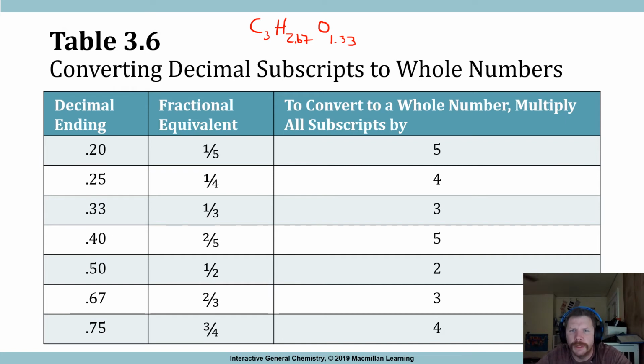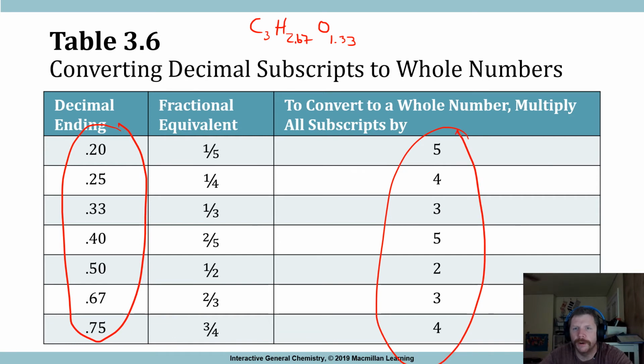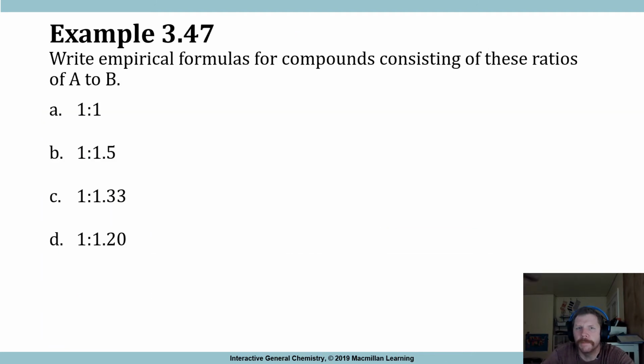Now when you see something like that, these are some of the common decimal places that you're going to see, and therefore the whole number multiplier for those subscripts. So this 0.67 right here, anytime you see that, just know I'm going to have to multiply that by 3, and that will give me a whole number. So we had 2.67, multiply that by 3, and that got us 8.